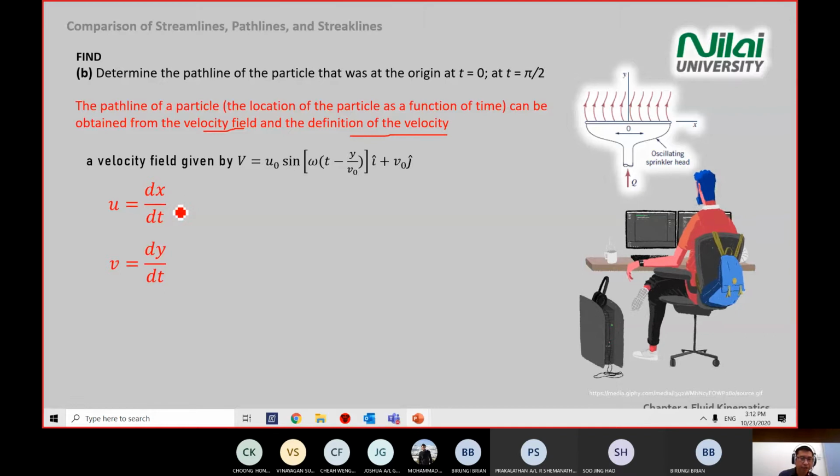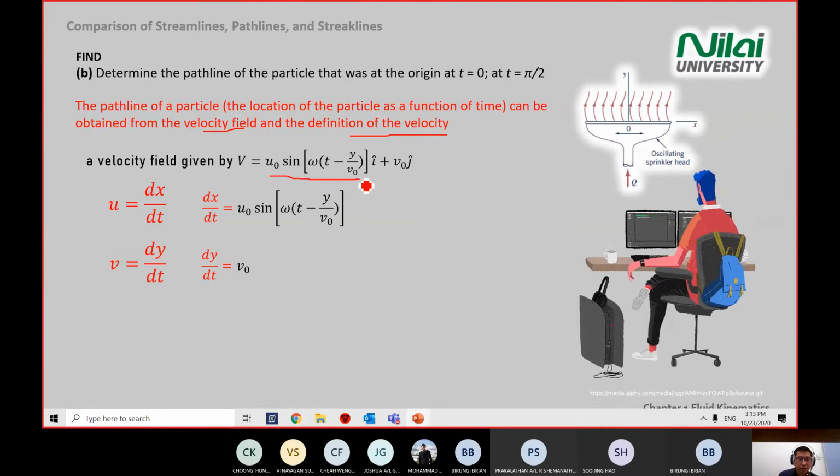Be careful with the words speed and velocity here. Speed is only a magnitude. However, velocity is a vector. Velocity is a vector. So a vector has direction and also magnitude. Be careful on that. And then v is also the same. v is the y direction component, dy over dt. So what you do is that your u is the first component here.